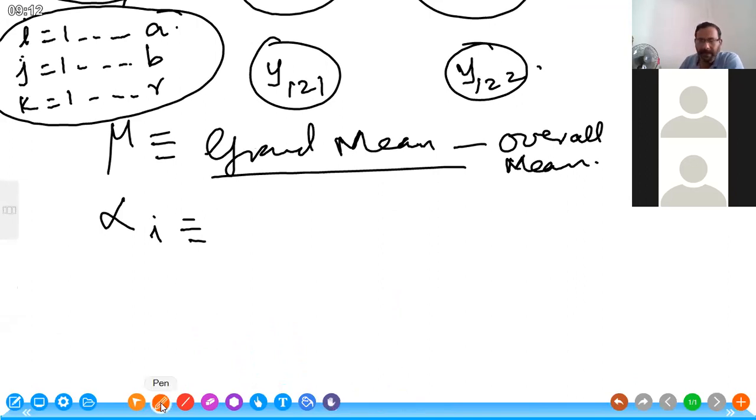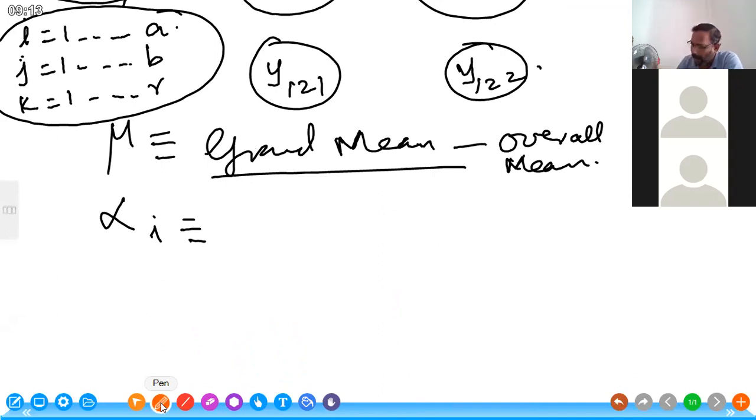What effect is that? Can you remember we talked about different types of effects? We said the main effect, we said the interaction. Which effect is that?